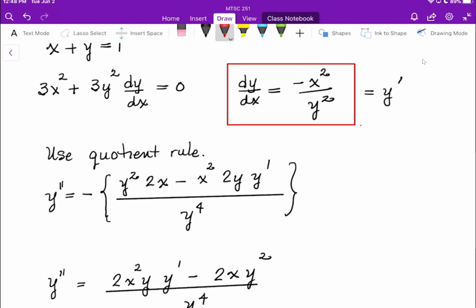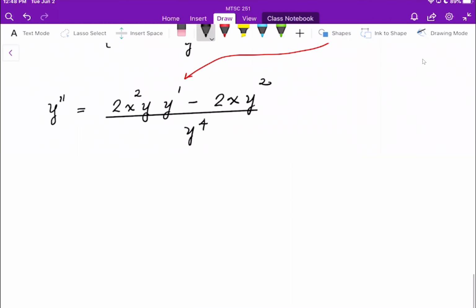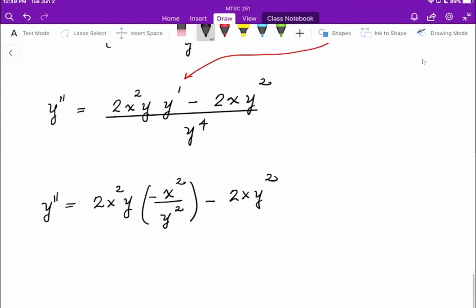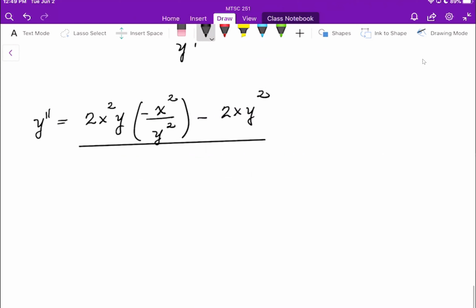Here's y prime, it now needs to go in there. So now we're going to get y double prime is equal to 2x squared y, and y prime was minus x squared divided by y squared, minus 2xy squared, divided by y to the fourth.